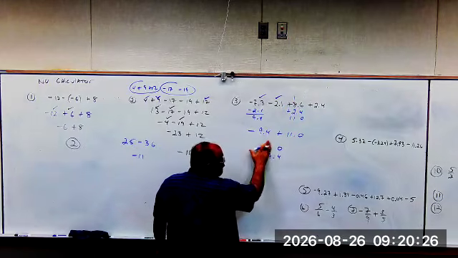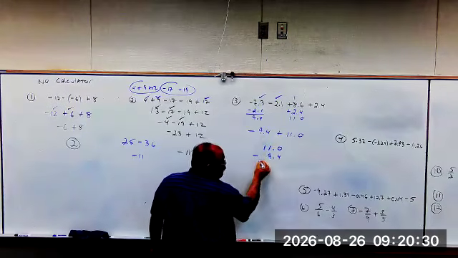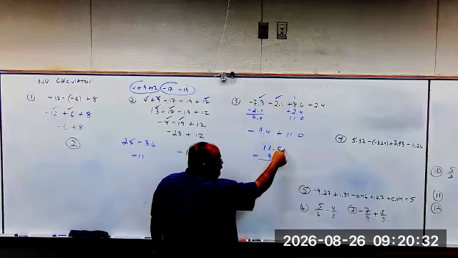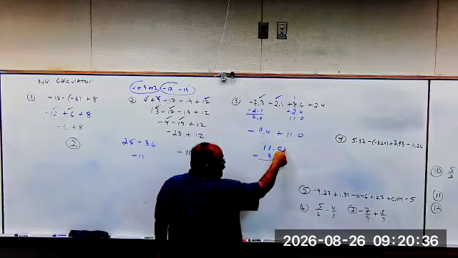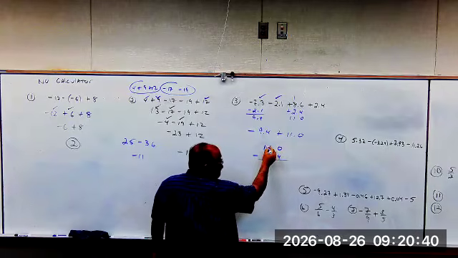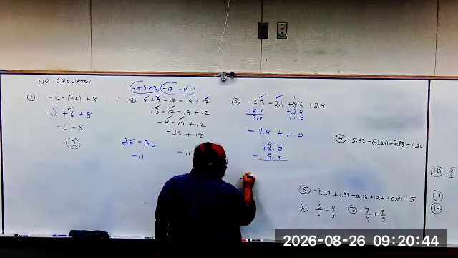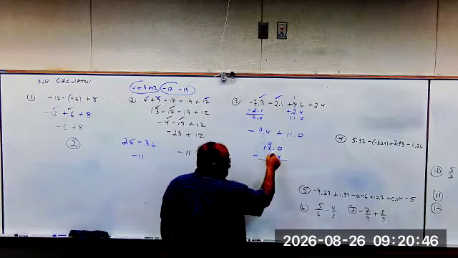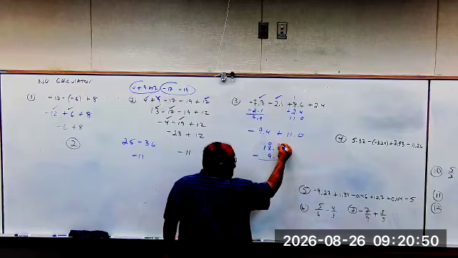When you do something like this on paper, the most important thing is that your place values line up. So the tenths have to line up with the tenths, and the ones with the ones. Because here, to subtract 4 from 0, we borrow from the ones. When we borrow from the ones, we now have 0 here. But over here, we take 1 one and turn it into 10 tenths.